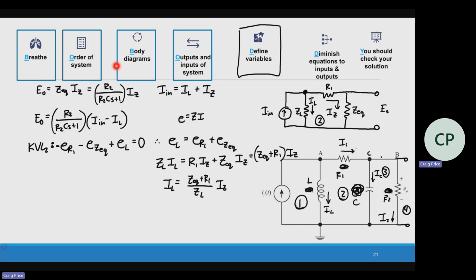So we're closer. It might not look extremely great. Let's go over what this means. IL is equal to Z equivalent, which is R2 over R2 CS plus 1, plus R1, all over LS. That's the impedance of the inductor.